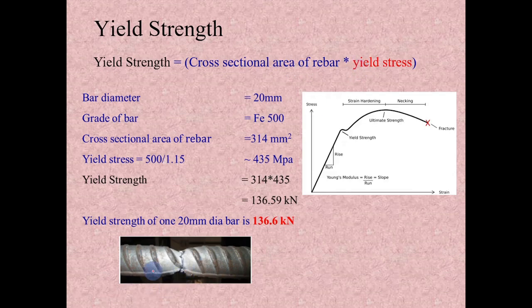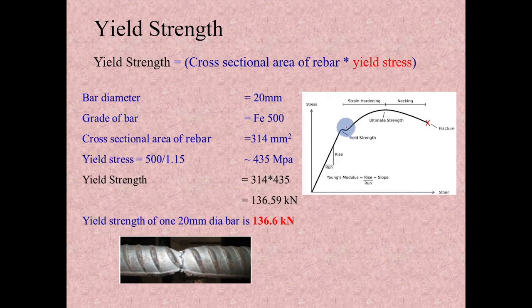When we test this rebar Fe500 in UTM machines, we will get a stress strain graph something like this. Initially when we start loading the rebar, the stress and strain will vary linearly up to a certain point. After that there will be a sudden reduction in the stress.